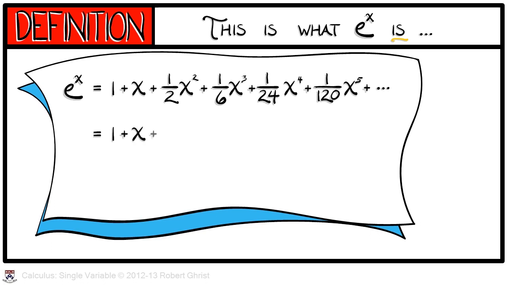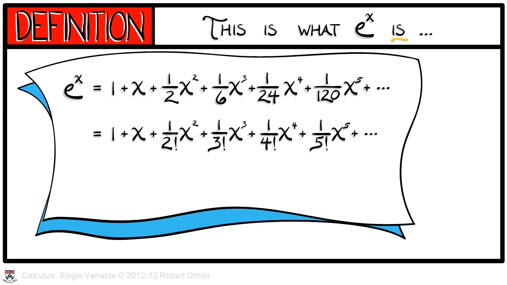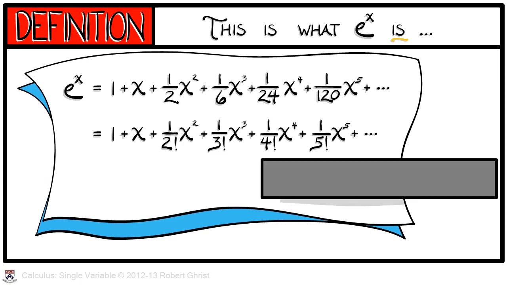What do they mean? Well, another way to write this is using factorial notation, that e to the x is 1 plus x plus x squared over 2 factorial plus x cubed over 3 factorial, etc. All the way down the line. One never stops. This sum keeps going forever and ever.